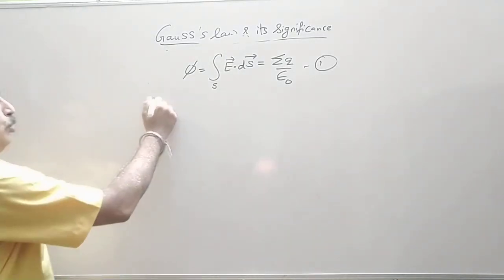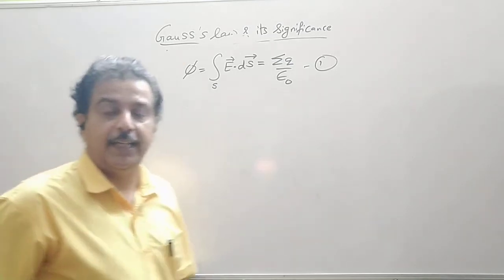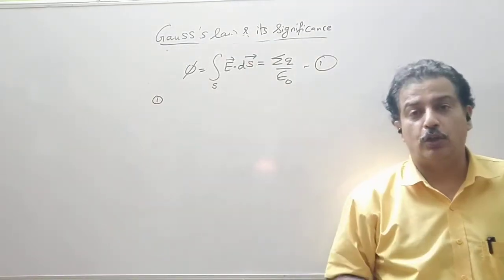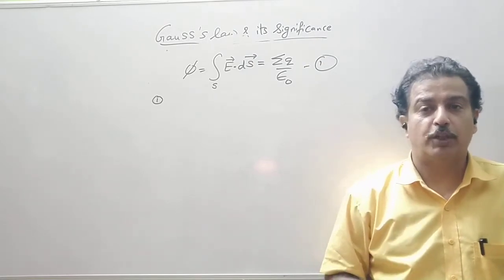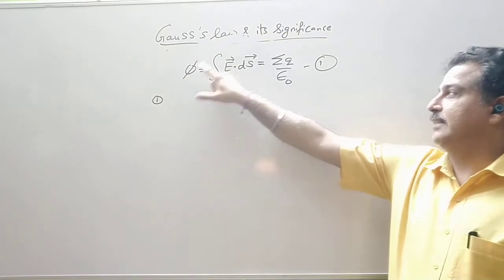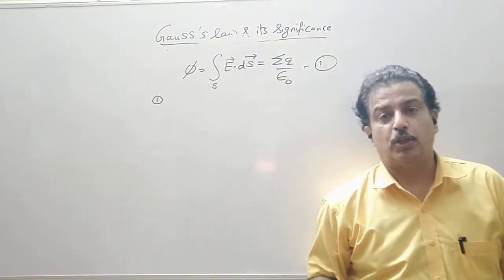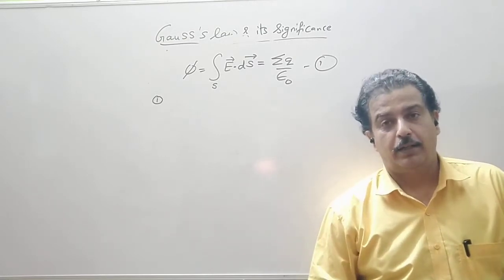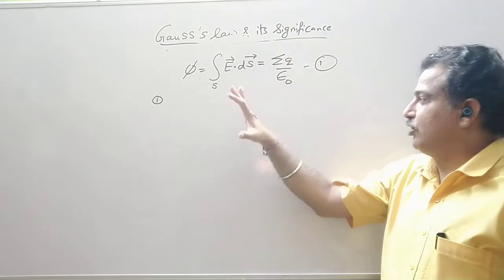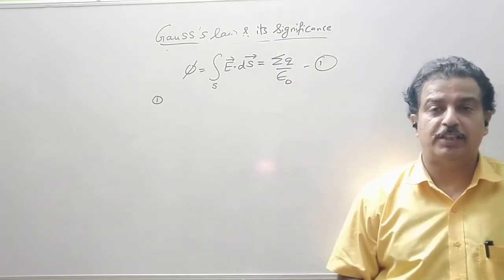Now the first noteworthy point about the Gauss law is that the Gauss law does not depend on the shape and the size of the Gaussian surface. We have seen that in proving flux is equal to summation q upon epsilon naught, we took the Gaussian surface to be spherical of radius r. But in the final answer, there is no term related to the shape and the size of the sphere.